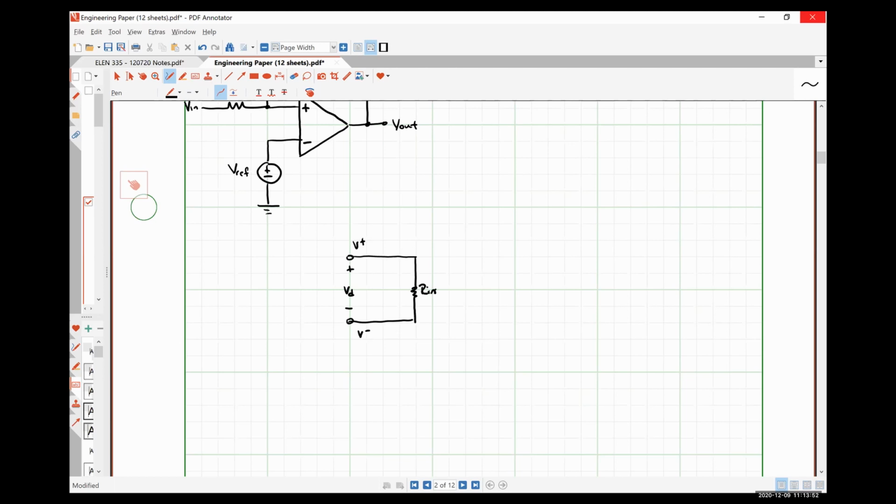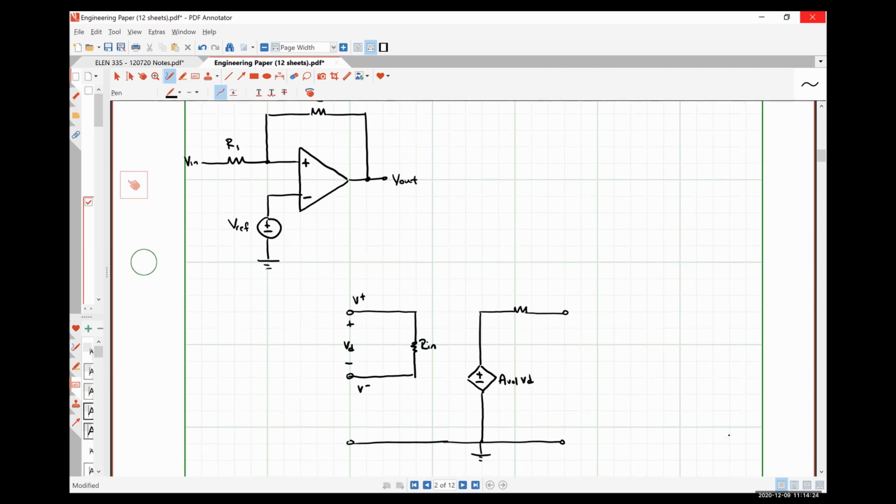Here's my input resistance RN. Here I have AVOL times VD. My resistance R out. So this is my bare bones practical model. I'm looking at the output voltage over an open circuit. So the potential difference between here and here is V out.